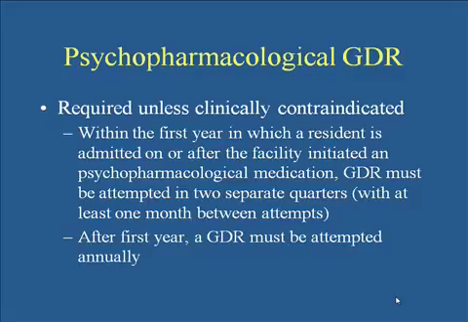So for the psychopharmacological agents, and this includes all the medications we've talked about in this class, the anxiolytics, the anticonvulsants, and the antidepressants, all of them fall under this psychopharmacological gradual dose requirement recommendation. And they're all required to go through this.